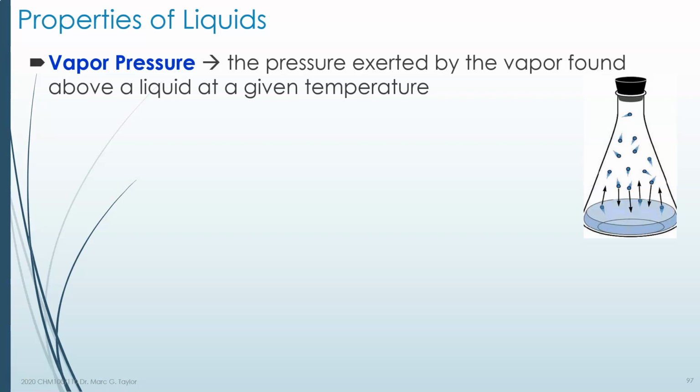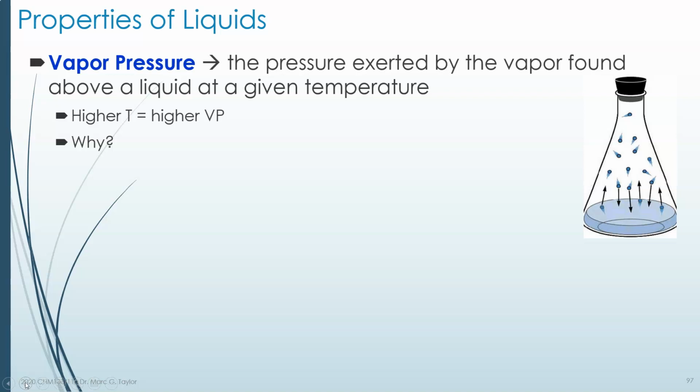And that's vapor pressure. And the vapor pressure will be increased as you increase temperature, but let's talk about just keeping it at a constant temperature, room temperature. At room temperature, you have a certain amount of vapor pressure, and the molecules that have weak IMFs don't hold those molecules in the liquid very well, and they evaporate very easily.